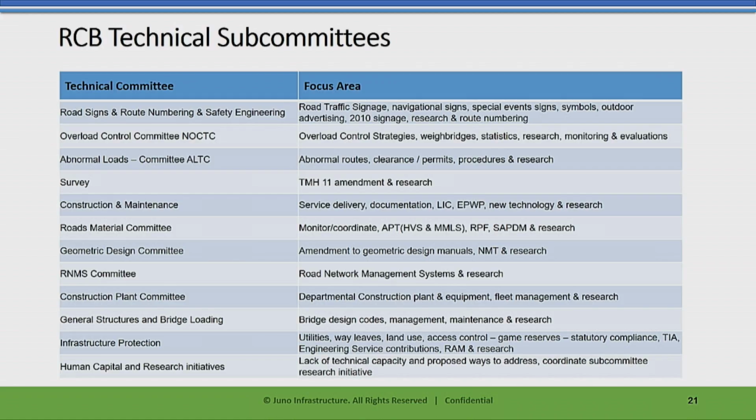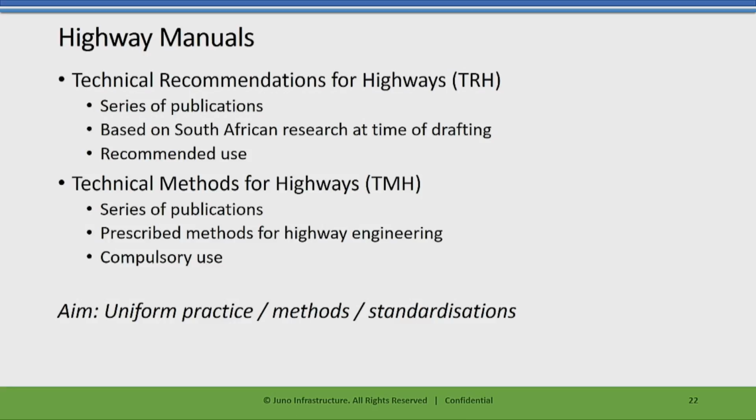I'm just going to quickly fly through these, various subcommittees that focus on their specific disciplines. Then we've got basically two types of manuals: our recommendations, which are not for compulsory use, and our technical methods, which are for compulsory use, and they are the prescribed methods for our highway engineering.